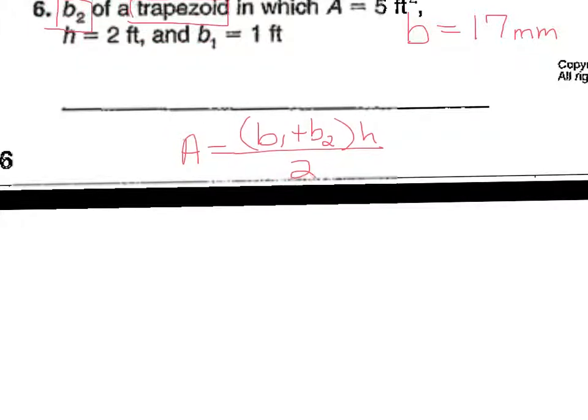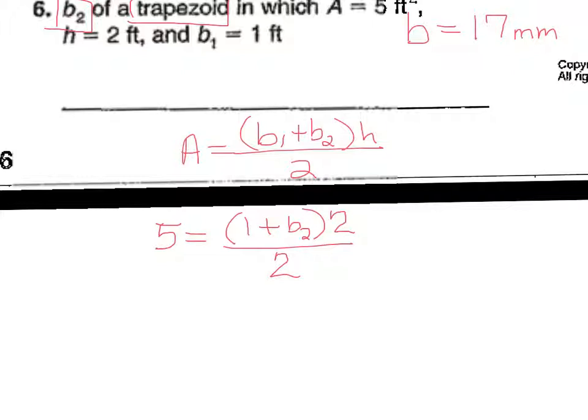So I substitute the information. Area is 5. Base 1 is 1. Base 2, we don't have. The height is 2, and then over 2.